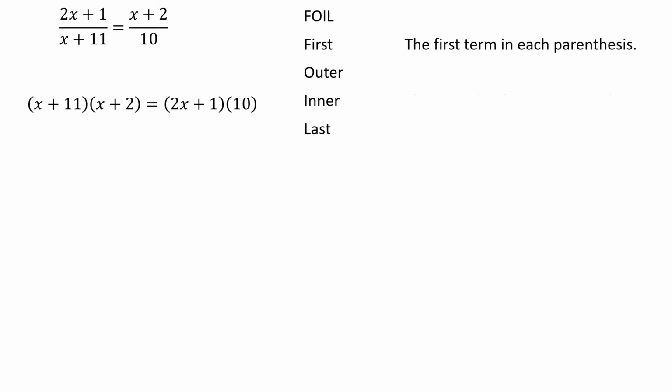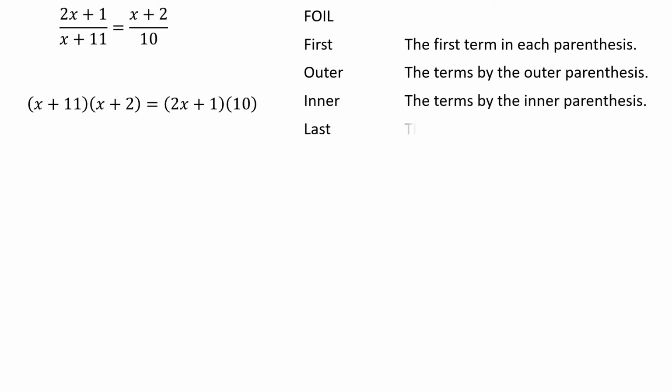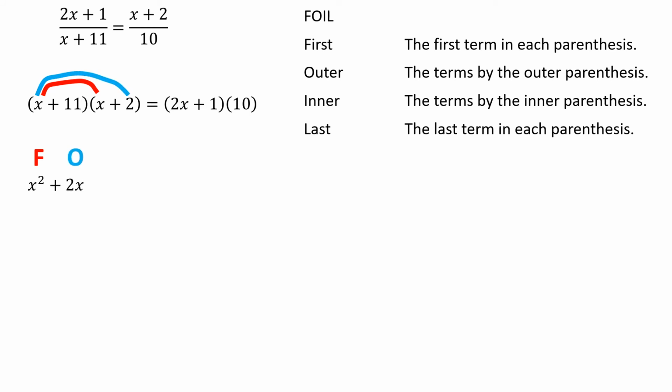Right? I need to multiply the first term in each parenthesis, the terms by the outer parentheses, the terms by the inner parentheses, the last term in each parentheses. So first, x times x makes an x squared. Outer, x times 2, 2x.